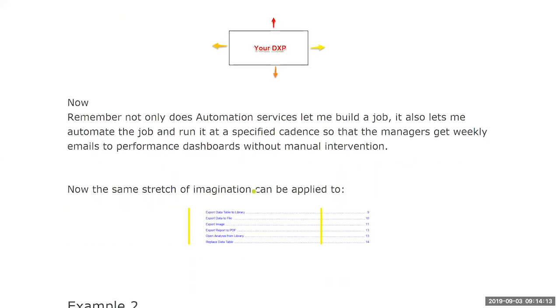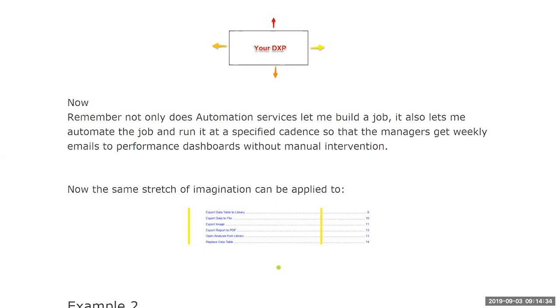Now, imagine this kind of a scenario, and the same stretch of imagination can be applied to maybe exporting an image or using Spotfire's export to PDF utility in order to generate custom reports with maybe headers and footers and custom timestamps for your end users.